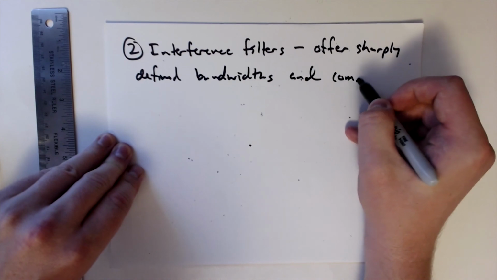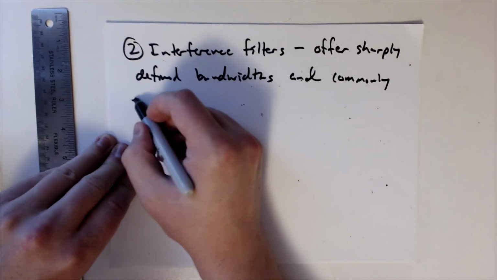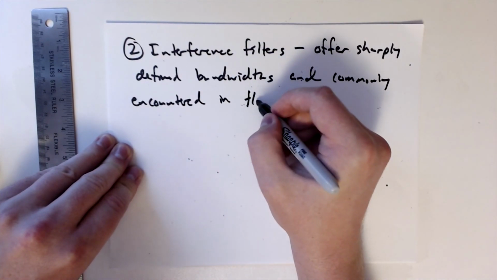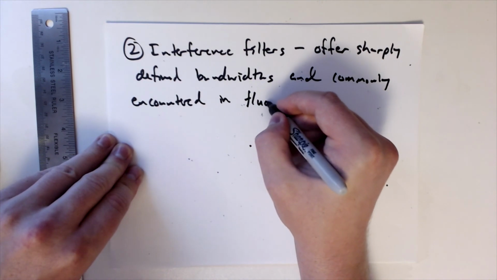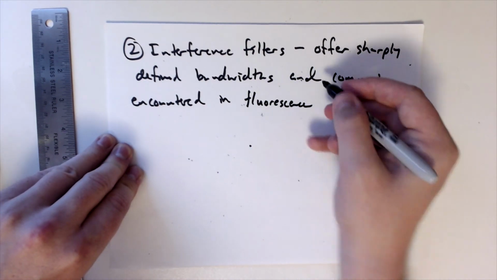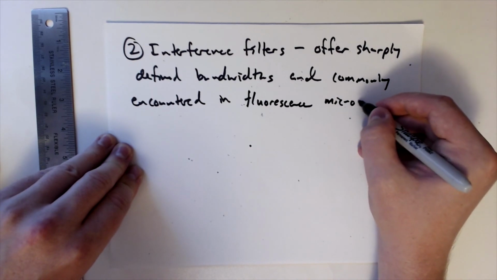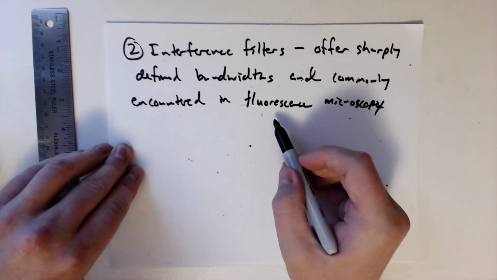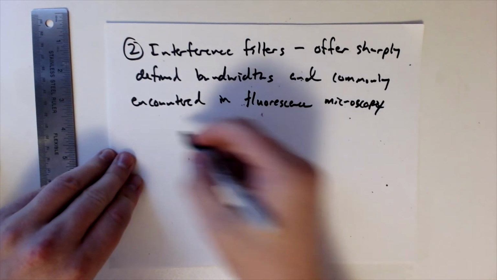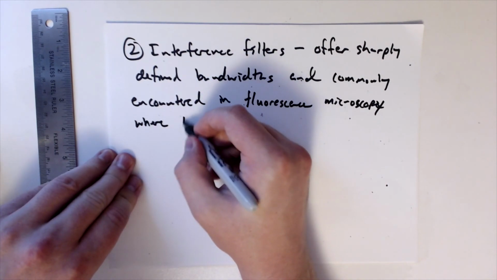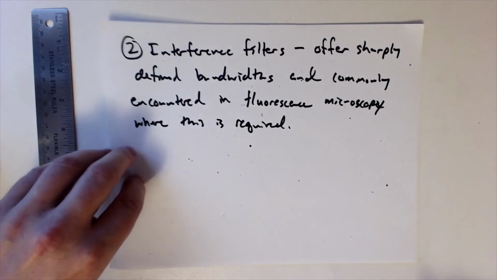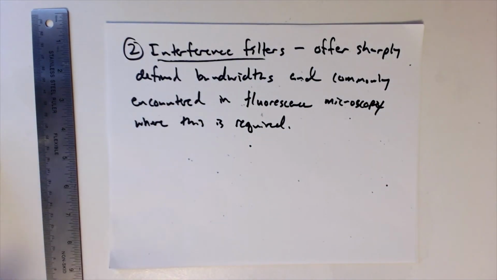And commonly encountered in fluorescence microscopy. So we haven't talked about this specific type of light microscope, but we will talk a little bit about it later. So specifically for that when it's required. So this won't get as much attention just because we won't talk as much about fluorescence microscopy.